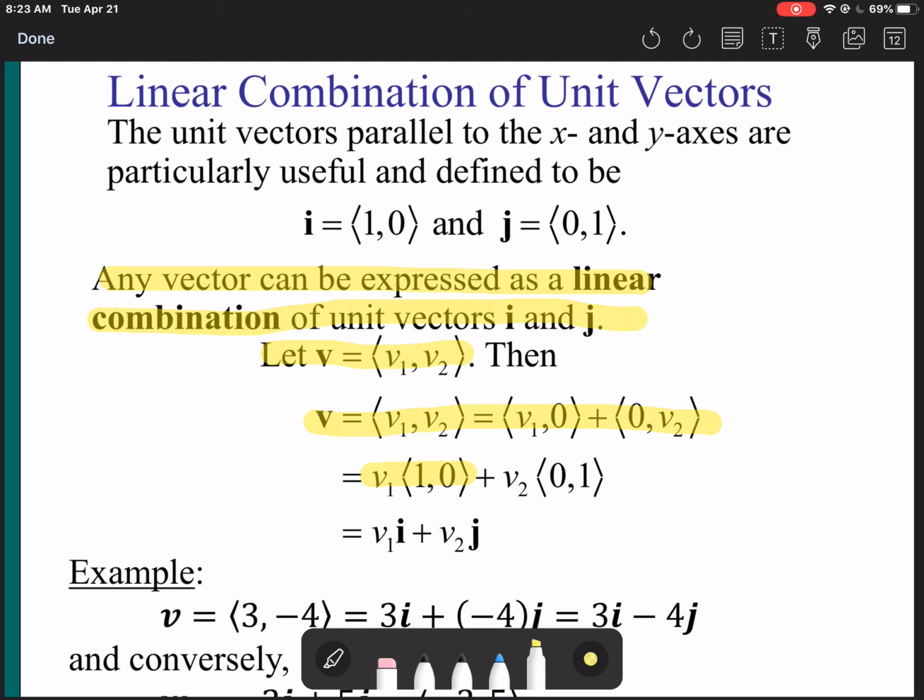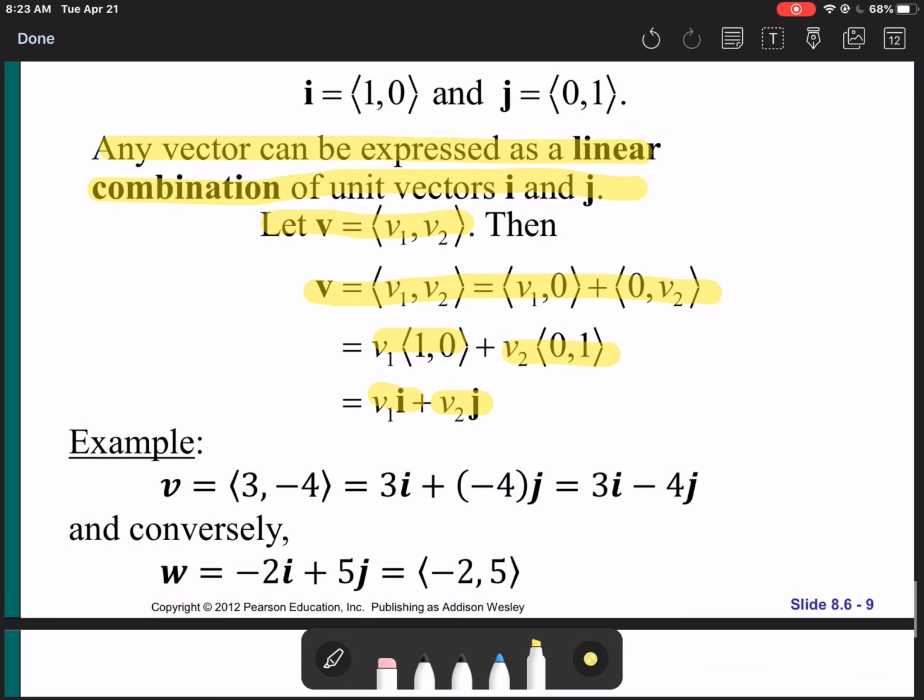I think I called it a vector earlier. v is a vector. v sub 1 and v sub 2 are its components, which are scalar quantities. So this is a scalar multiple of our i vector, whose components were 1, 0. This is a scalar multiple of our j vector. But ultimately, it's the horizontal component of vector v times the i vector, and the vertical component of vector v times the j vector.